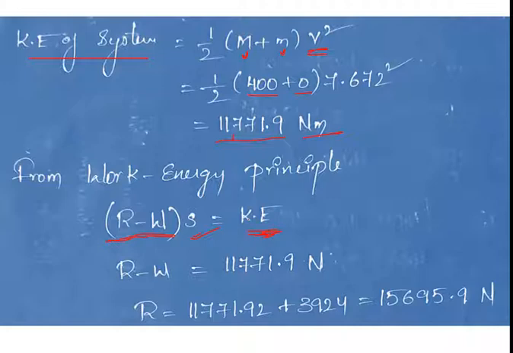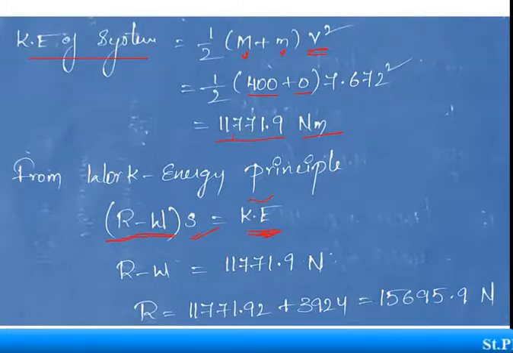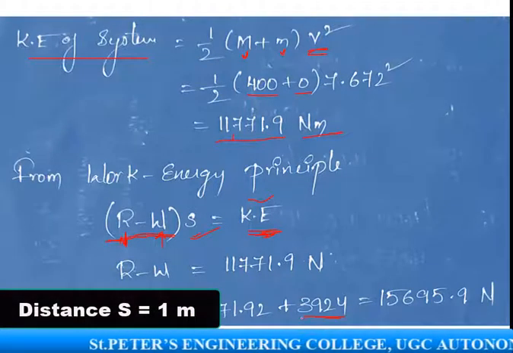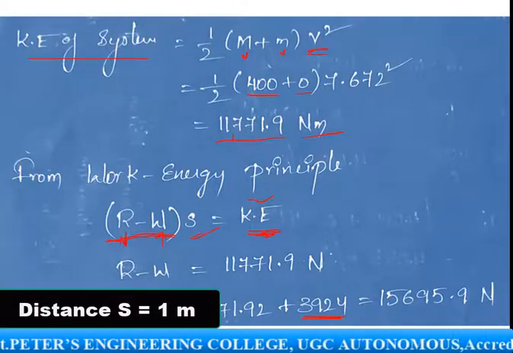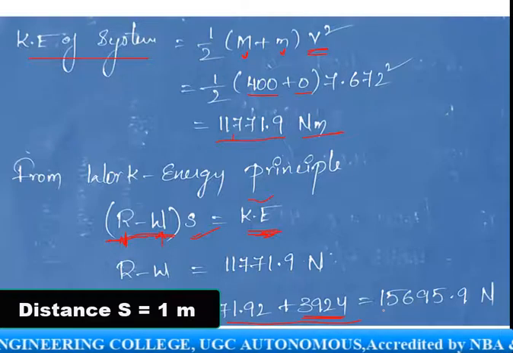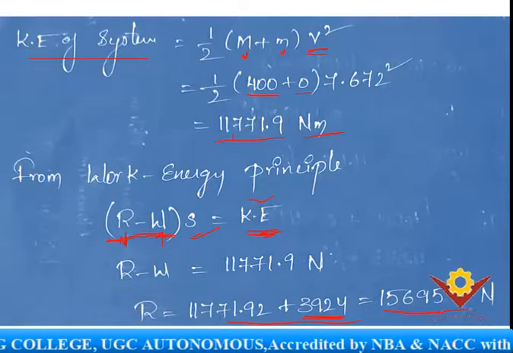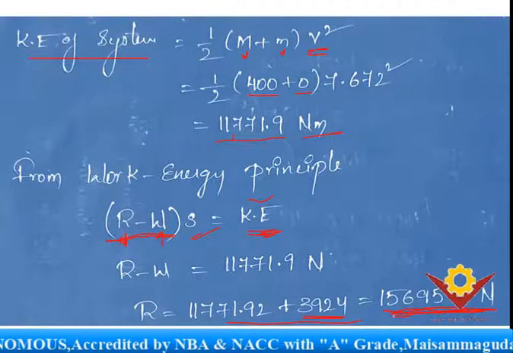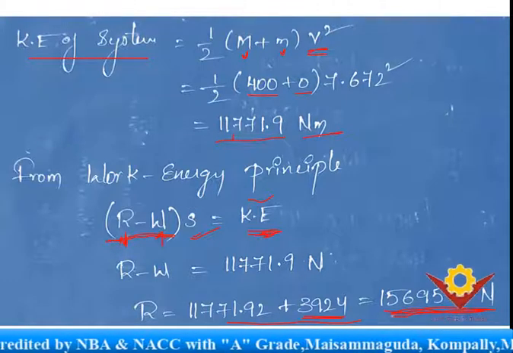We already got this kinetic energy, which is 11,771.9. This is the resistance by the ground, and this is the weight acting by the hammer, 3,924. If you add these two, you get 15,695.9 newtons, and this is the resistance of your ground to penetrate the nail into it.